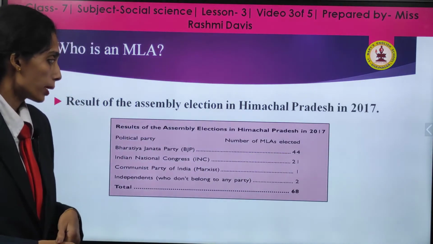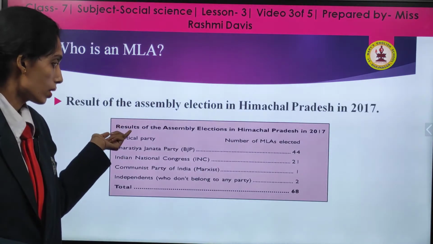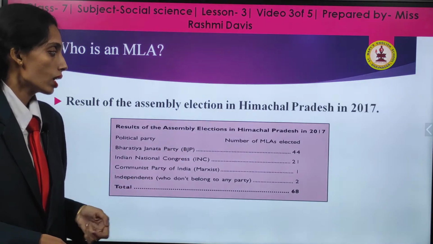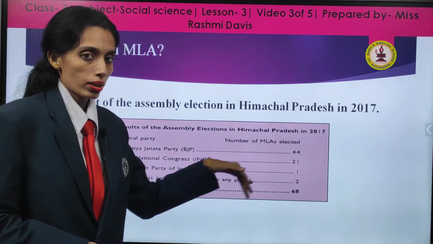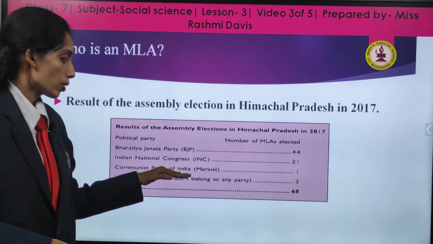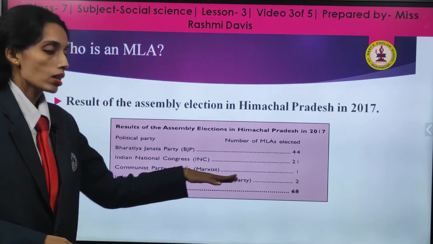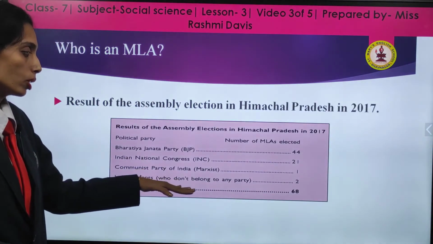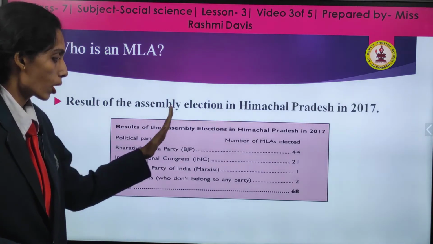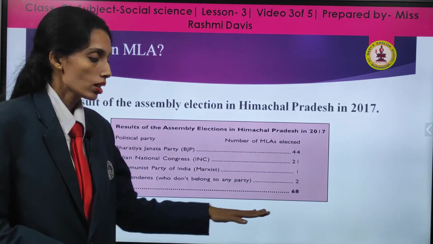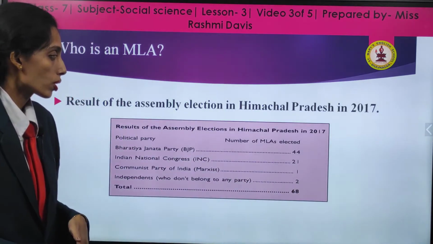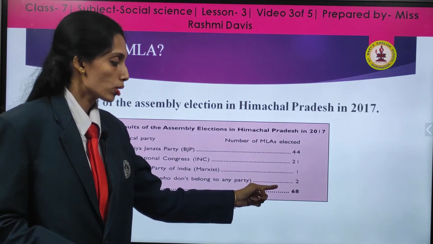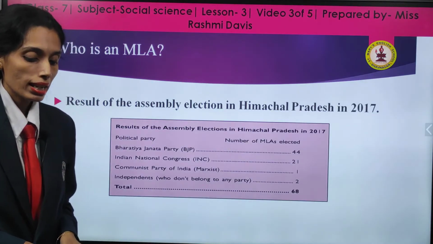Indian National Congress, that is INC, won 21. Communist Party of India, Marxist, won 1. Independents, who do not belong to any party, won 2. So the total is 44 plus 21 plus 1 plus 2, the sum total being 68.